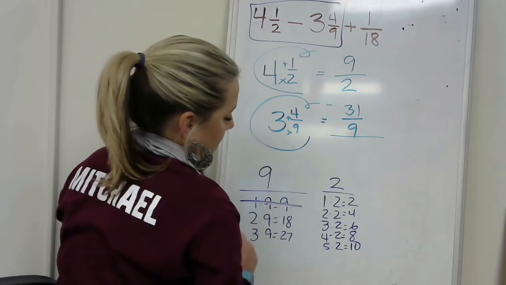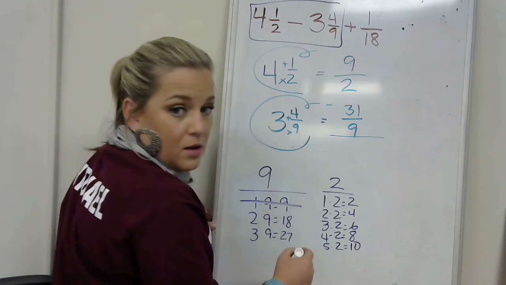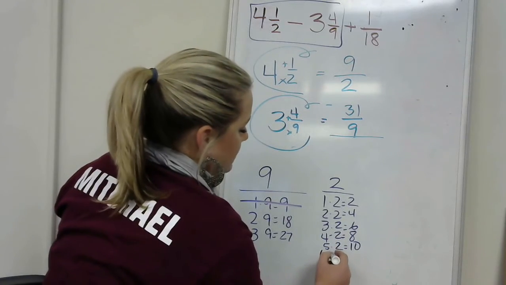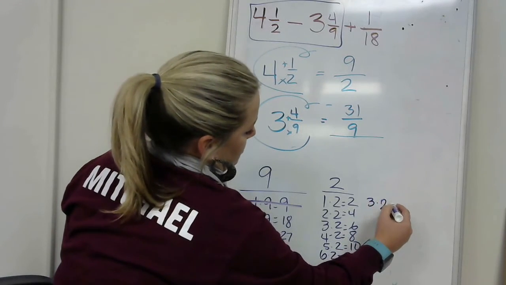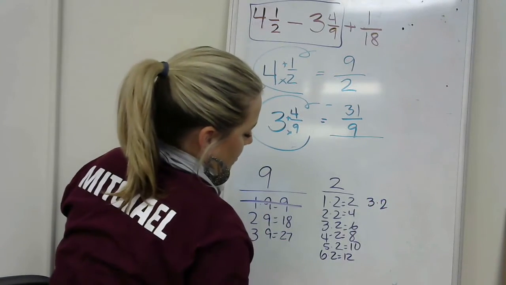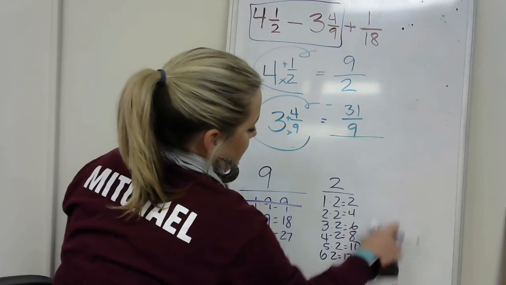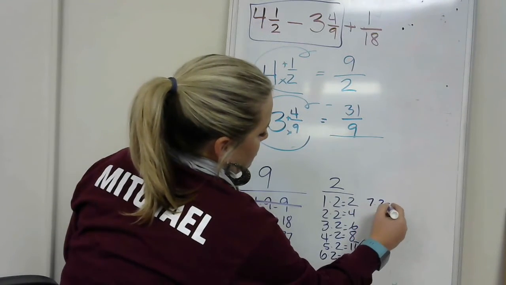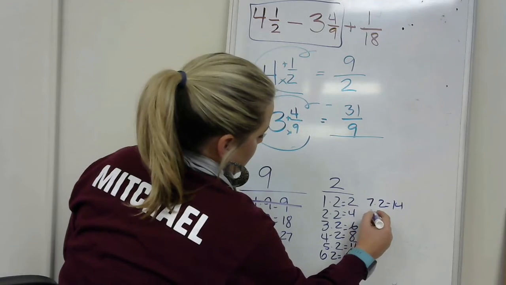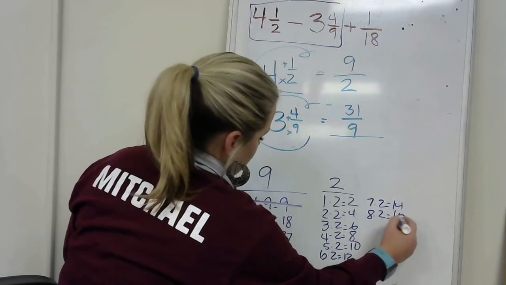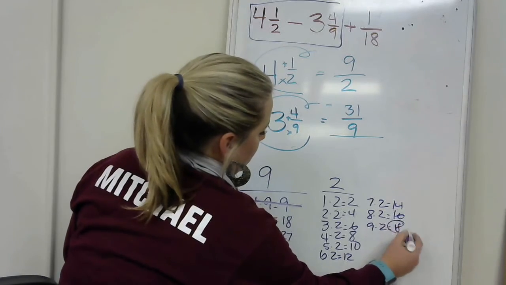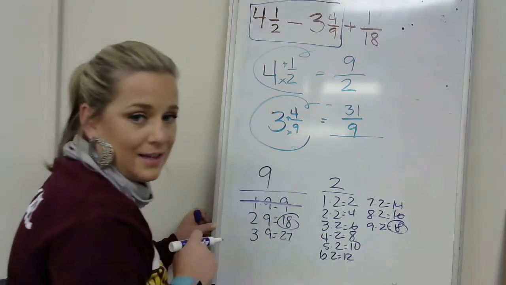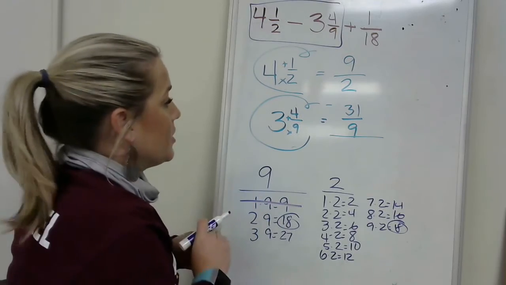So we know it can't be 9 because 10 is bigger than 9. 6 times 2 is 12. 7 times 2 is 14. 8 times 2 is 16. 9 times 2 is 18. Winner, winner, chicken dinner. Okay, so 18 is going to be my common denominator.